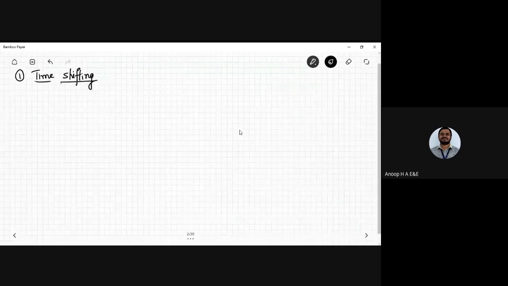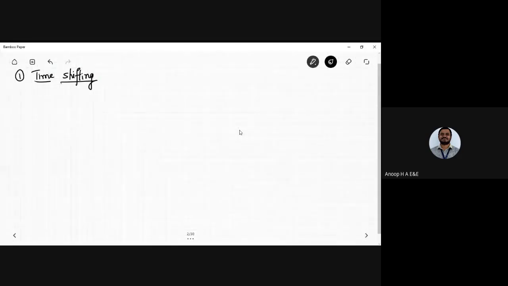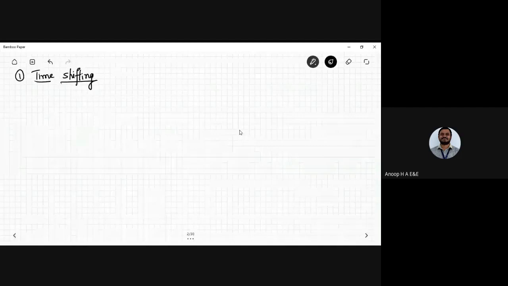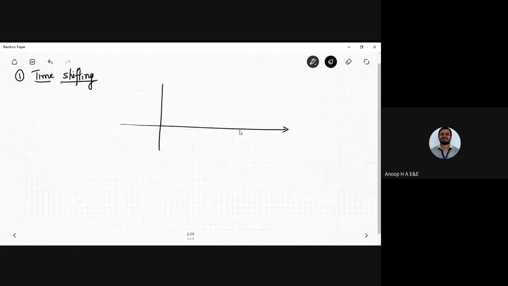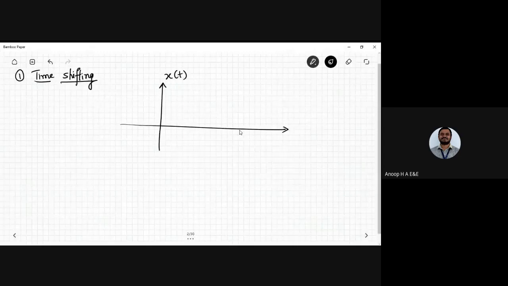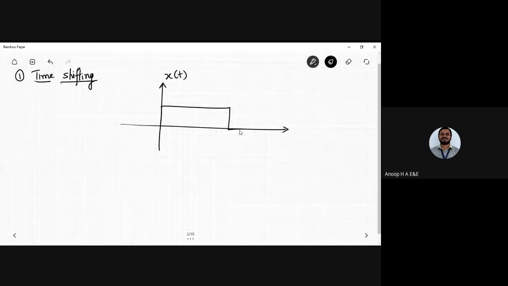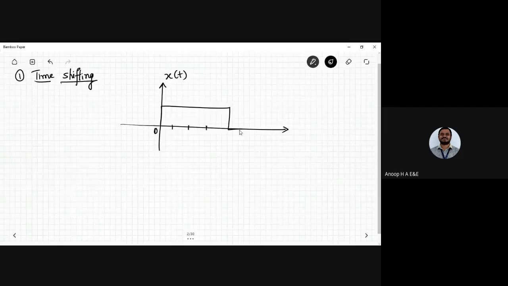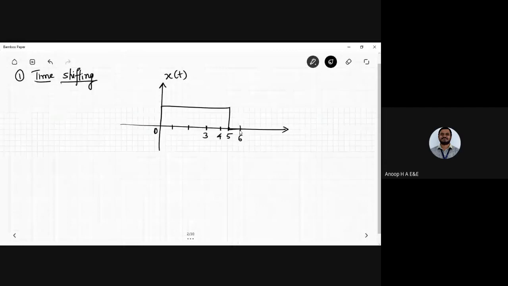Now, when I say time shifting here, you will have the time variable. For example, let me take a signal like this, x of t, starting from 0, 1, 2, 3, 4, and 5. After 5, the signal has a 0 value.